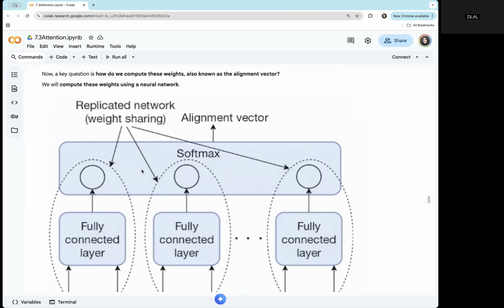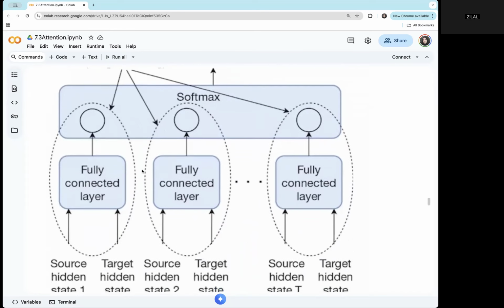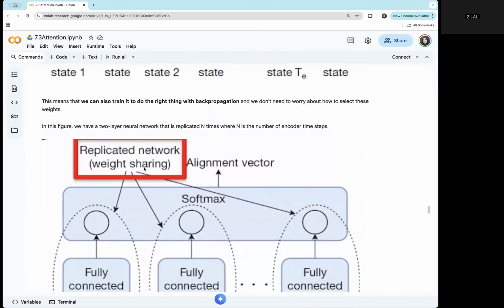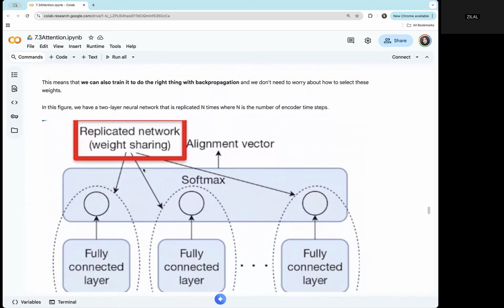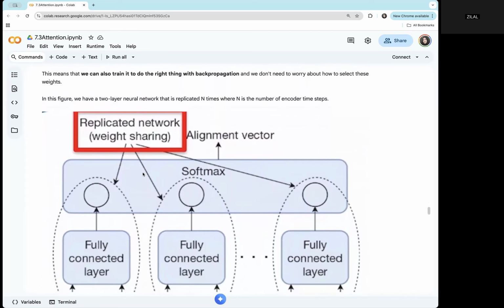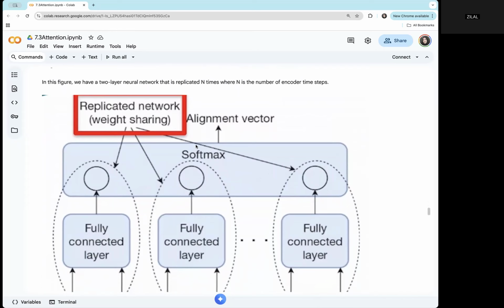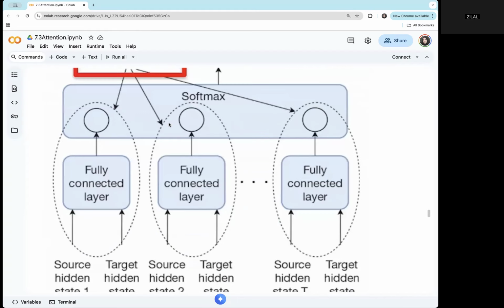As you can see here, this is the neural network to calculate the weights. This means that we can also train it to do the right thing with back propagation, and we don't need to worry about how to select these weights. In this figure, we have a two-layer neural network that is replicated n times, where n is the number of encoder time steps.